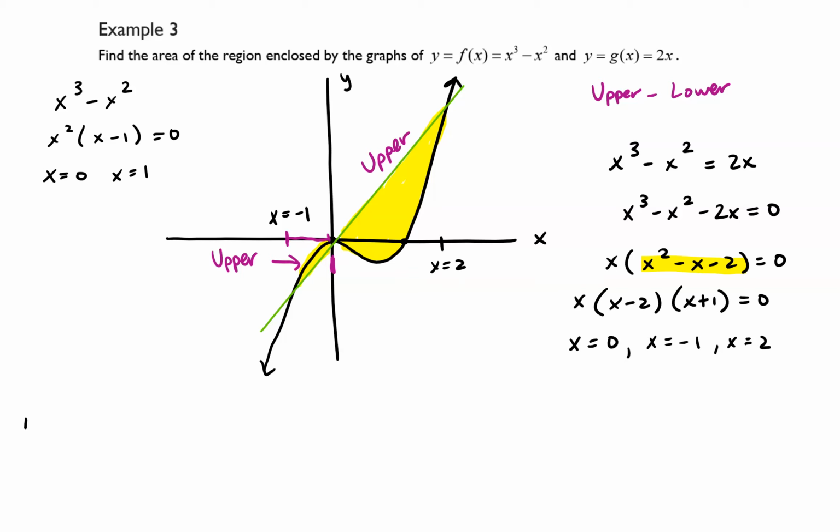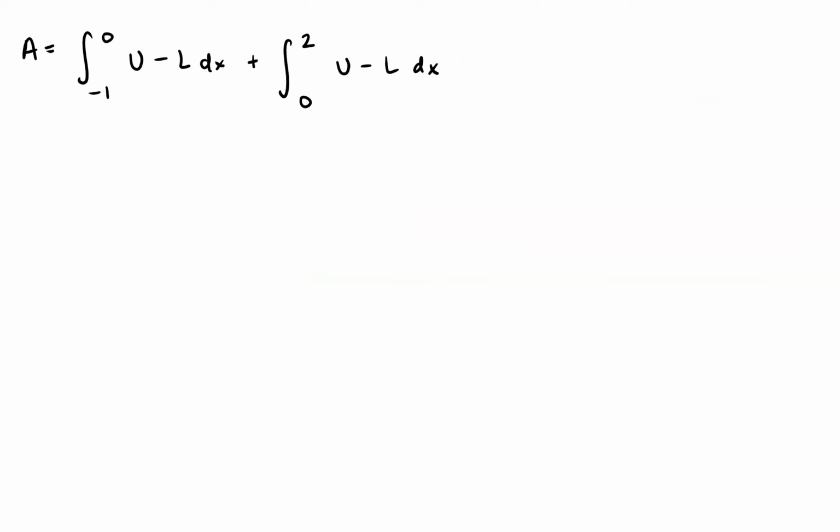So now we're going to have that the area equals the integral from -1 to 0 of the upper function minus the lower function, plus the integral from 0 to 2 of, again, upper function minus the lower function. And so we need to substitute in the upper and lower functions in each of those scenarios.